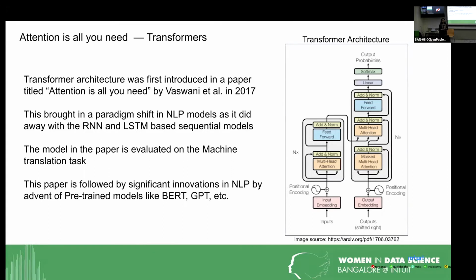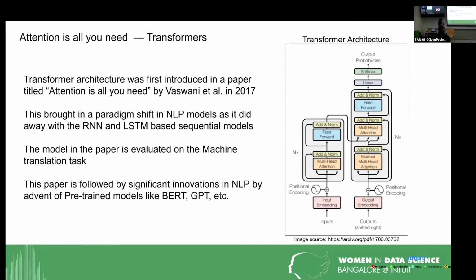So I want to talk a little bit about attention and this particular paper that was published in 2017 by Google Brain scientists, titled "Attention is All You Need." The figure on the right side is also from the original paper. This is the transformer architecture, which eliminates the use of RNNs and LSTMs, which are inherently sequential, and instead uses these types of layers.